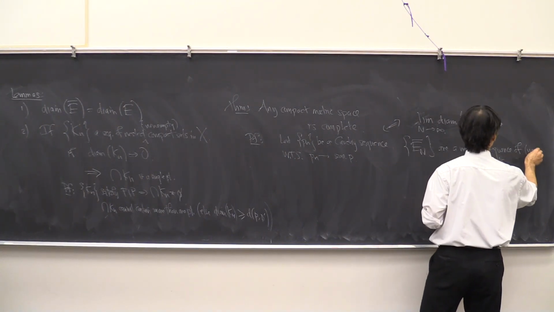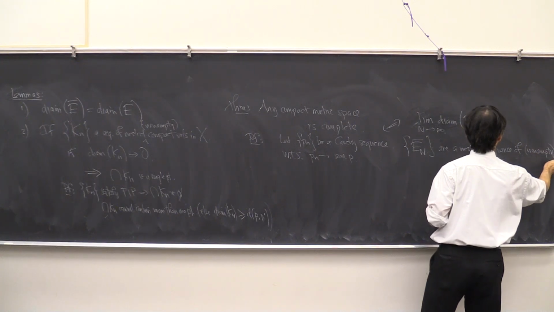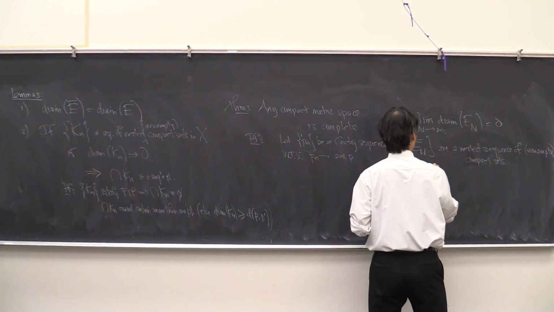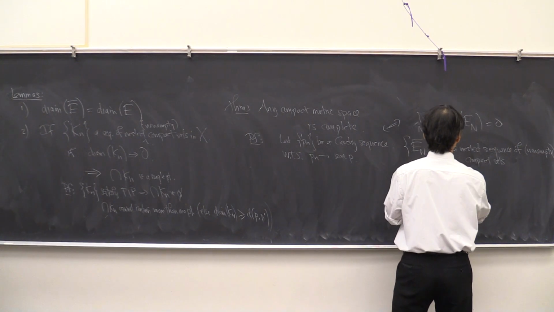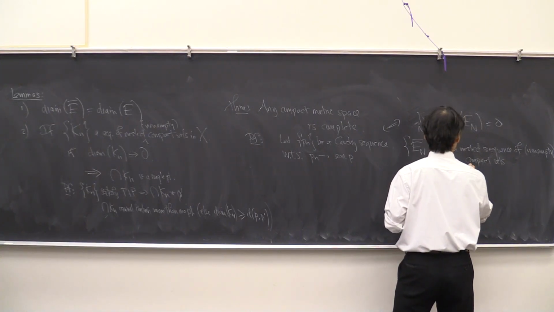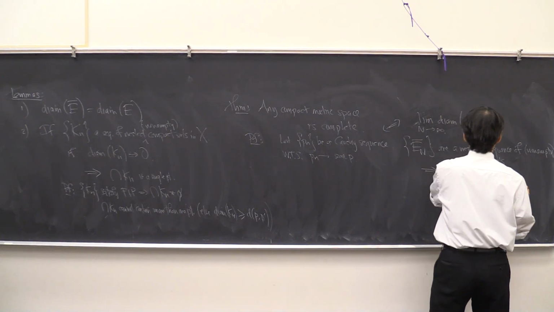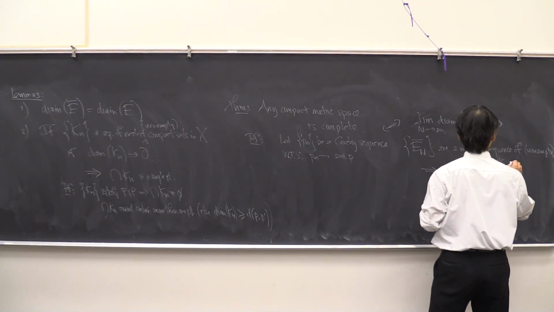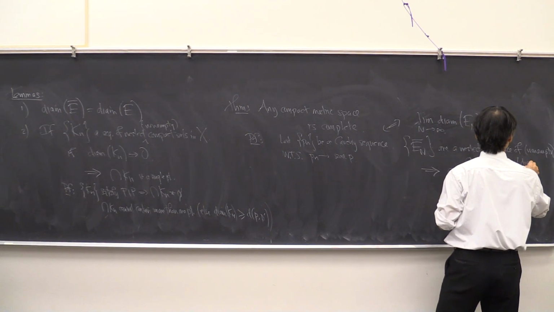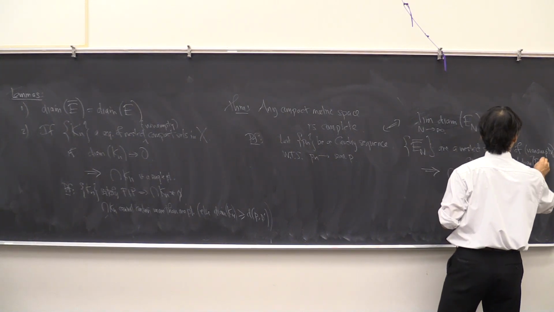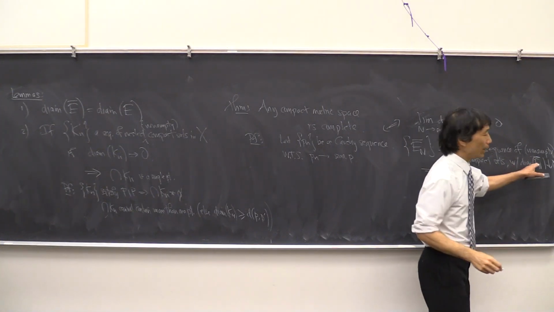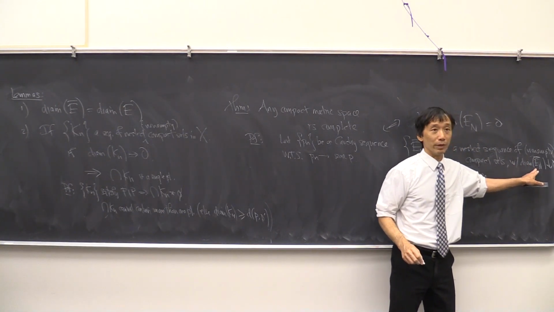And so we know that the intersection consists of a single point, with diameters going to 0, because the diameter of the closures is the same as the diameter of the original.